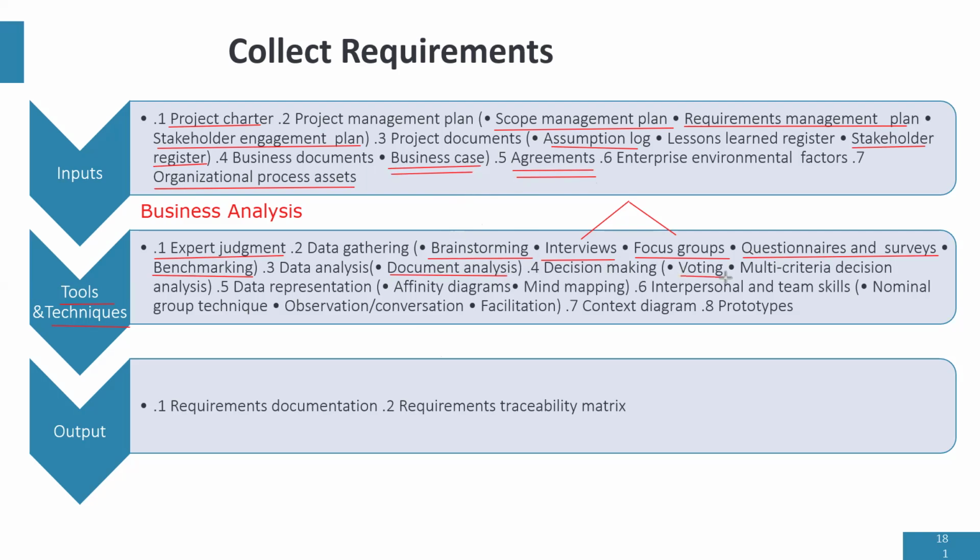Now, voting is more on the prioritization side. So let's say we've gathered requirements and, okay, let me give an example. We're working on a project, and we have two solutions, whether we're going to use an Oracle database or MySQL, or a Microsoft database for the project.